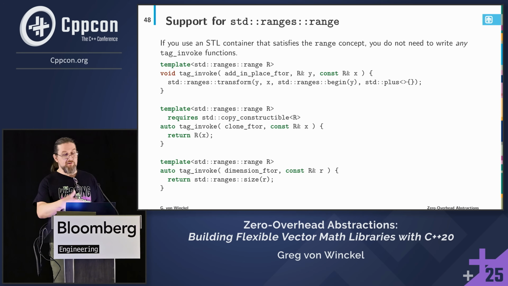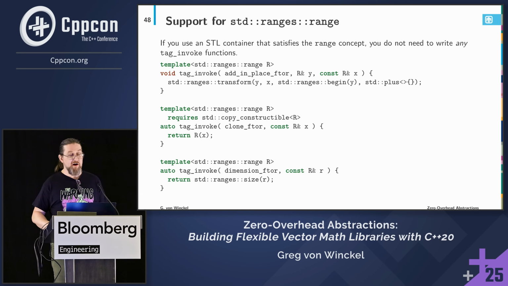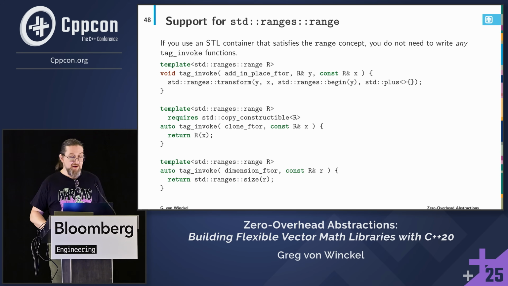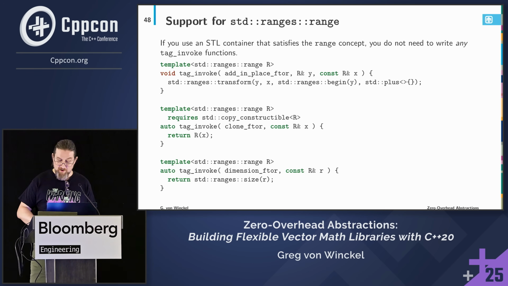That you don't actually need to implement anything. All of the methods are provided automatically. It also illustrates how you would do it for your own type. So if you have a range, then the default implementation for all the tag invokes are provided in terms of things that are from the algorithm and functional headers.